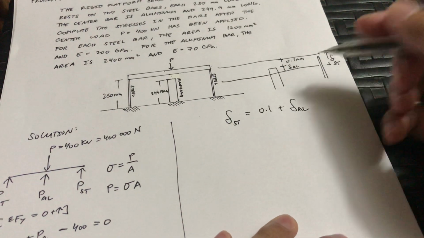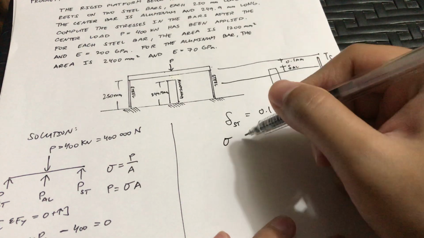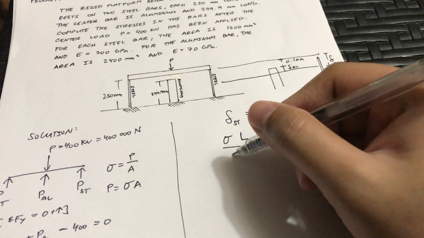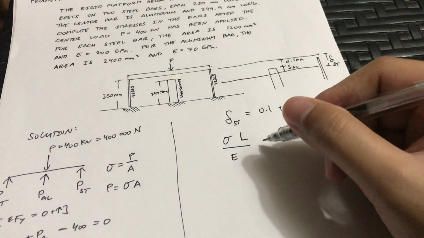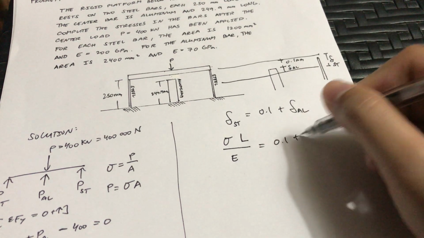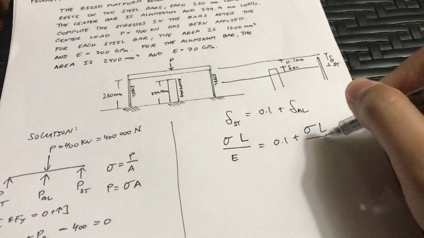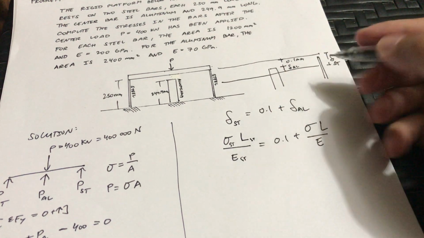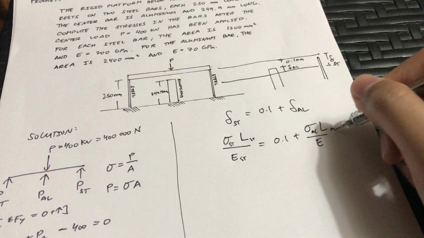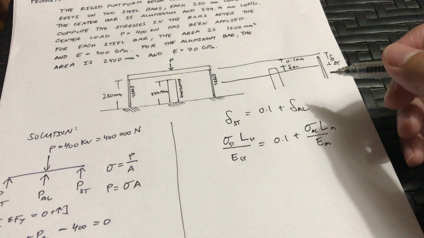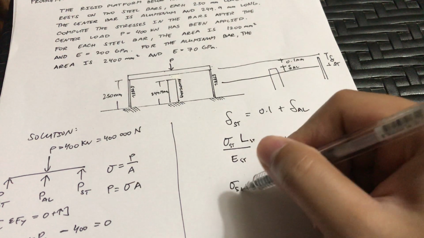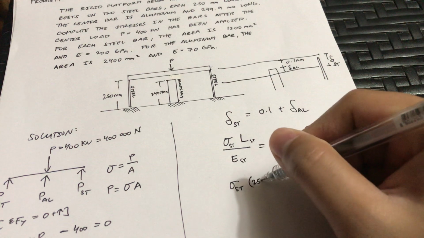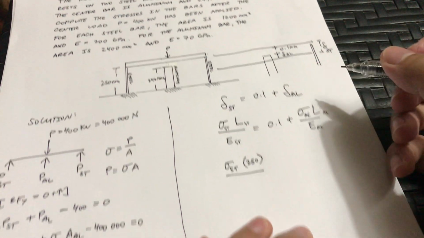And we know that deformation is just the stress times the length all over the E, or the modulus of elasticity. So 0.1 plus stress L over E, wherein this is for the steel, and this is for the aluminum. Substituting the values, we don't have the stress for the steel, but the length of the steel is 250 mm.